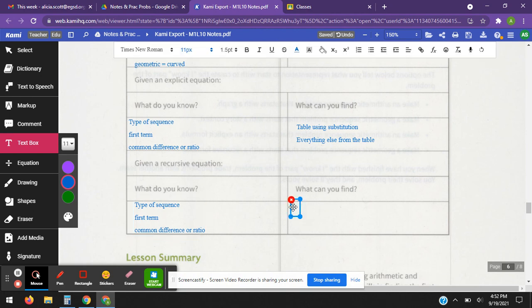What can you find? We can find the explicit equation from that. And then we can also make a table by following the recursive pattern. And then everything else on the table.